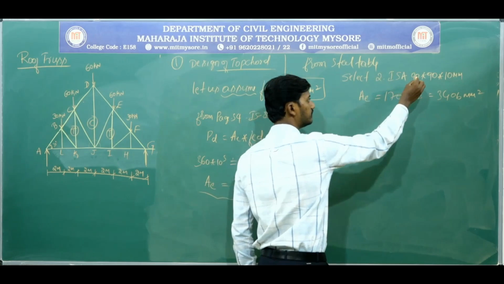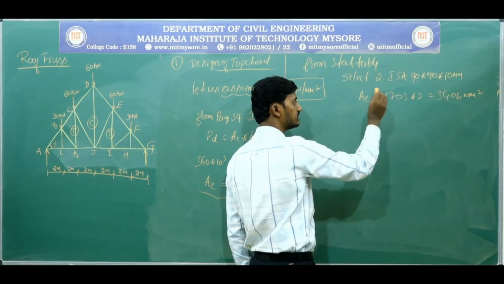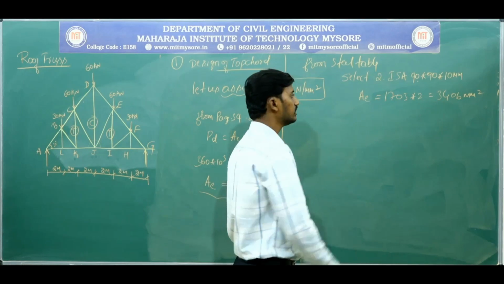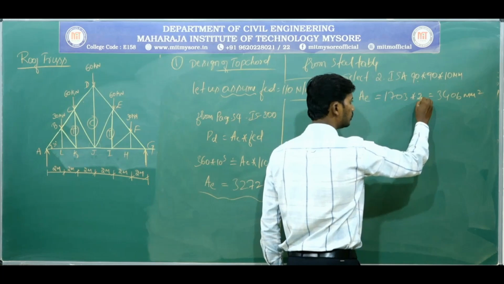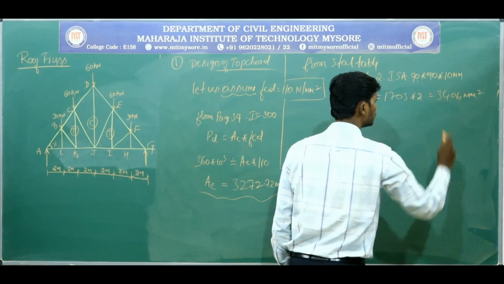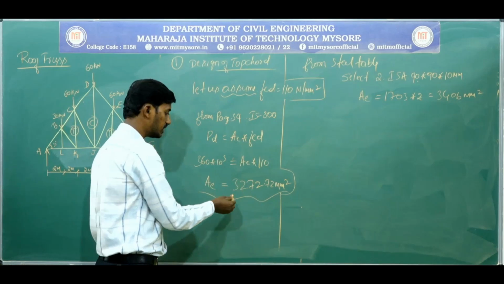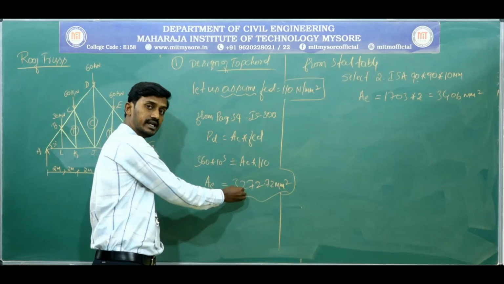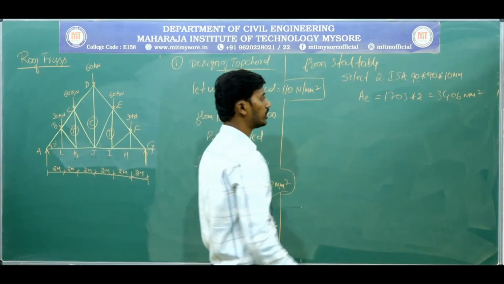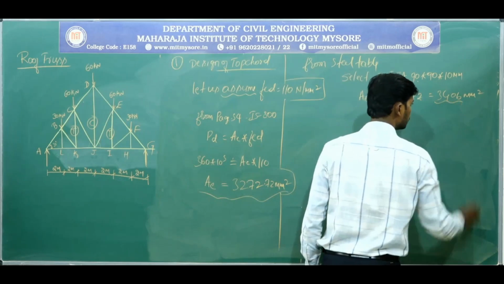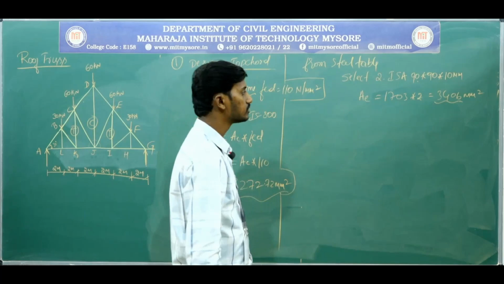So effective area of this particular section will be 1703 mm square. So we are considering two angles, so 3406 will become the area. What is the actual required area? 3272. We should consider more than this area. So that is suitable. It is 3406 millimeter square.